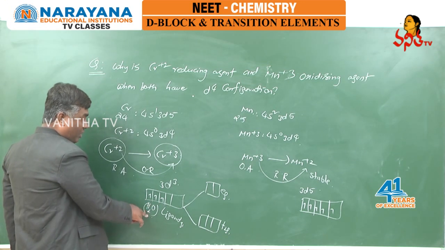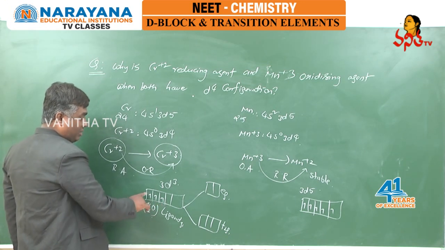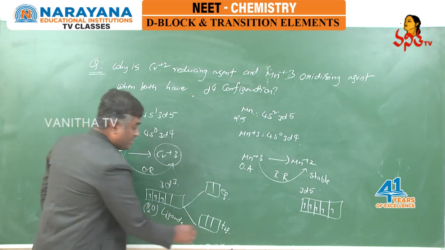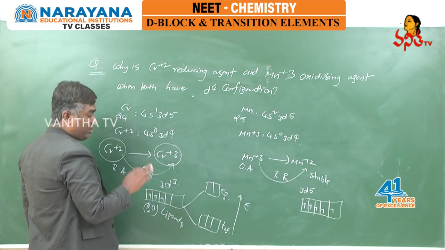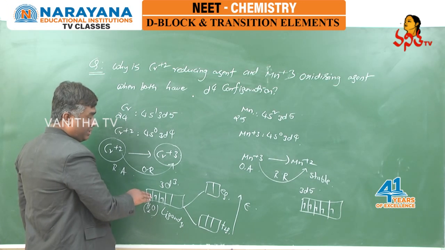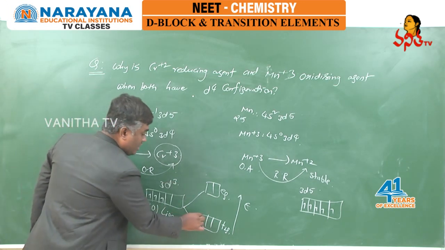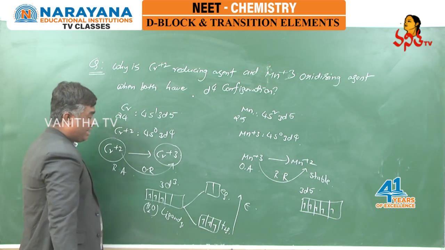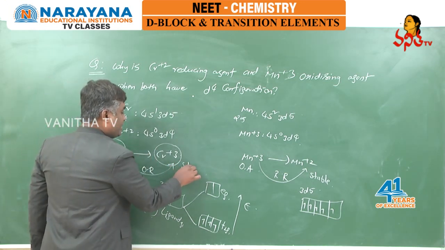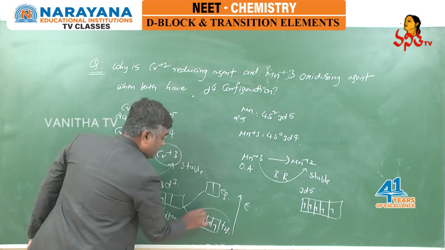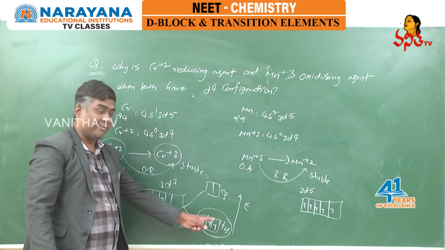In presence of ligands only, this splitting takes place, and from down to up energy is increasing, and according to the Aufbau rule, electrons first enter the low energetic t2g. So now I can say chromium +3 is a stable species. Why is this stable? Because t2g is exactly half filled.